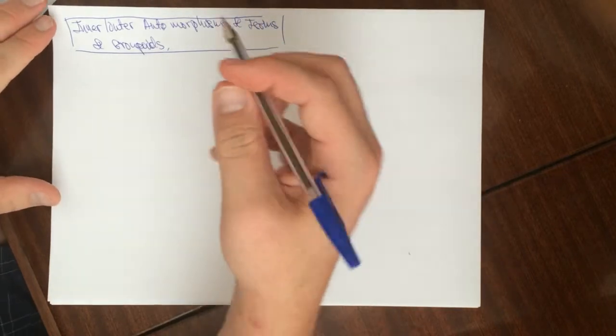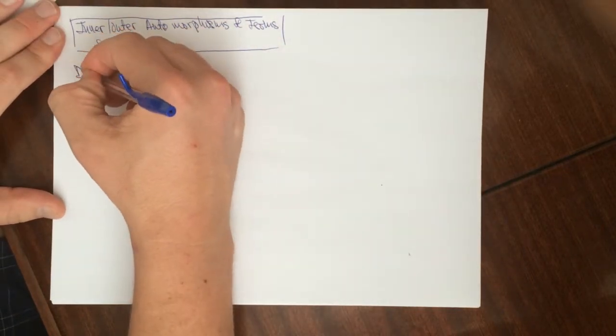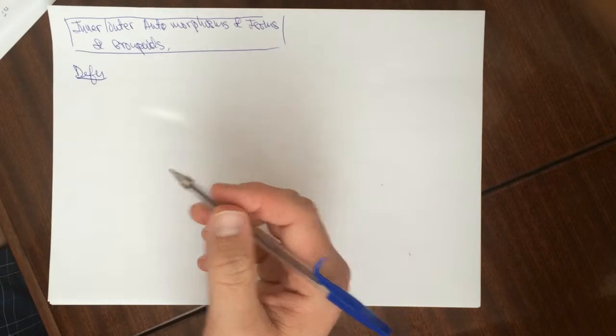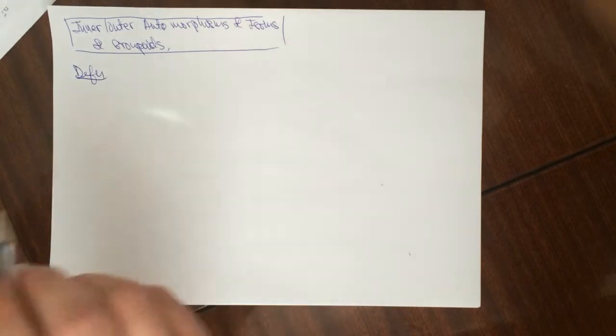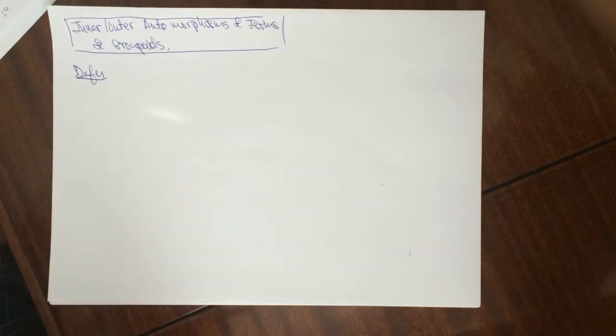Okay, so recall that a groupoid is just a category with one object, or sorry, I always want to say category with one object for groupoid. It's a category where all the morphisms are invertible.